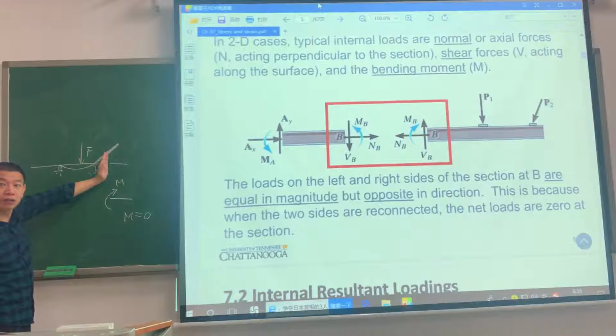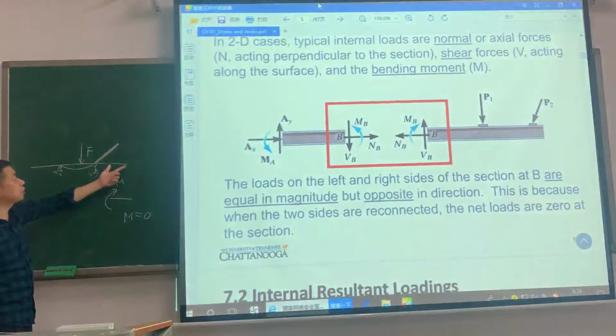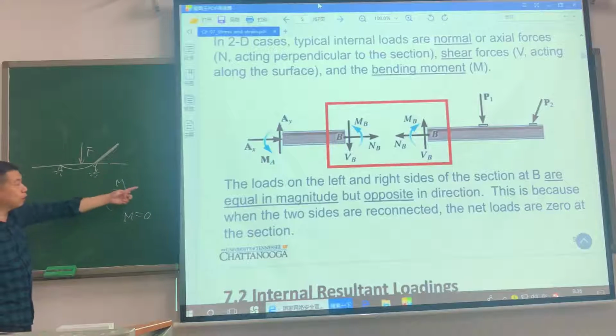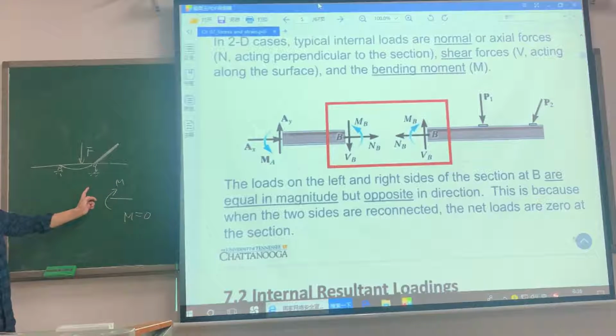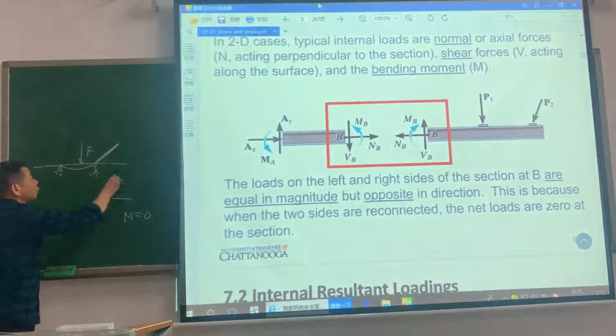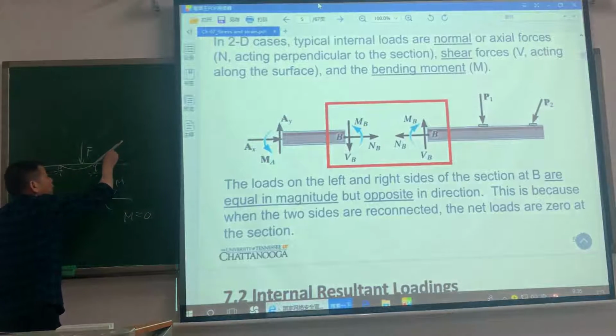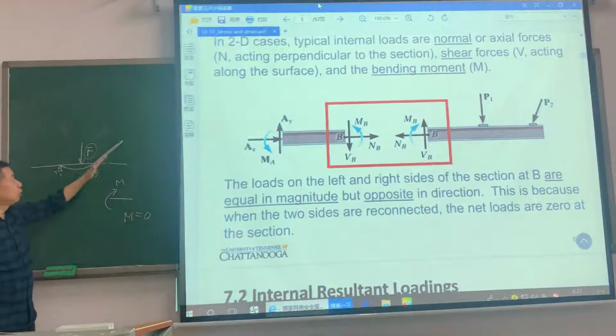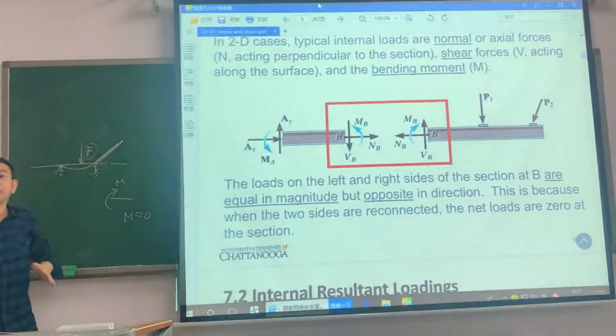Because this section must be balanced from statics, as introduced just now, we can find that M is 0. So under the effect of the force F acting on the beam, this part must be a straight line.